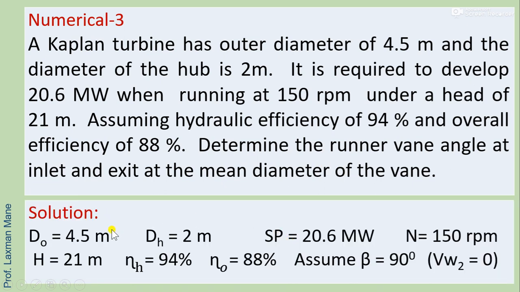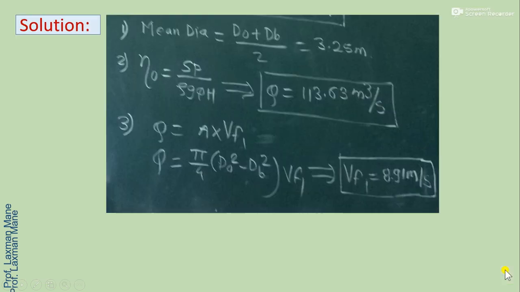Here we can summarize the data: DO means outer runner diameter, DH hub diameter, shaft power in megawatt, speed in RPM, head in meter, efficiency, hydraulic and overall. And we have to assume in case of a Kaplan turbine that discharge is what? Axial, means beta is equal to 90, means Vw2 is equal to 0.